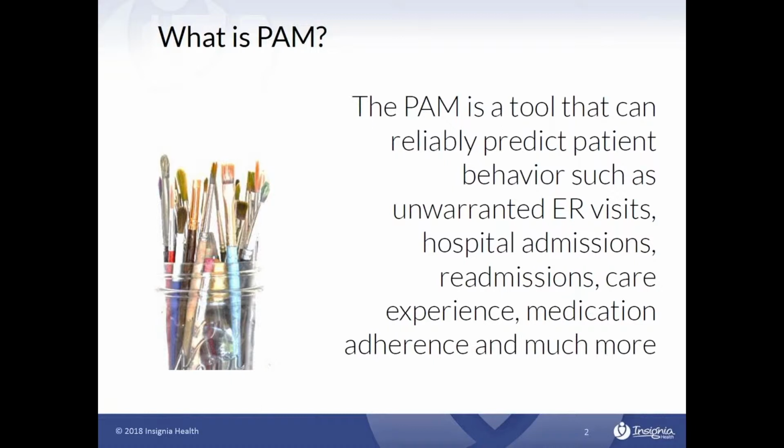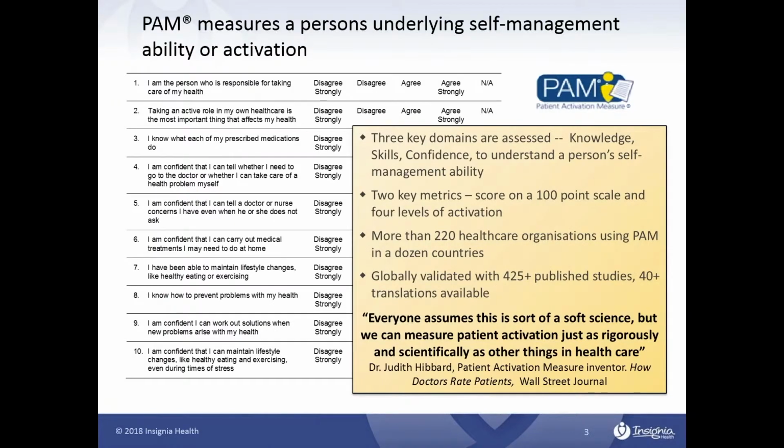Next slide, please. That tool looks rather simplistic, and it is, but there's been a lot of research over the past 10 to 15 years on the tool. It uses a very distinctive analysis technique called Rasch.